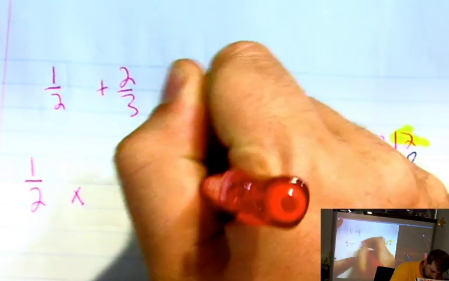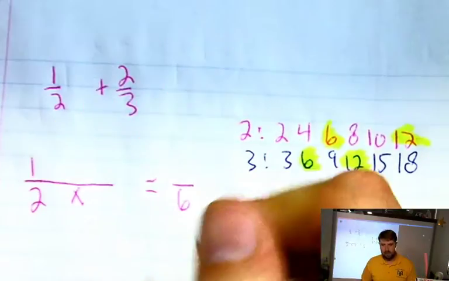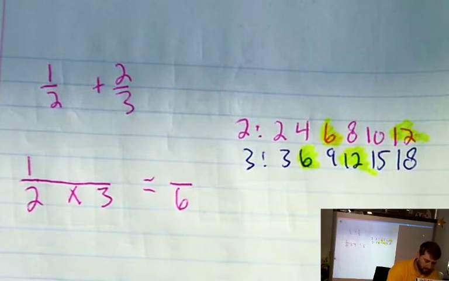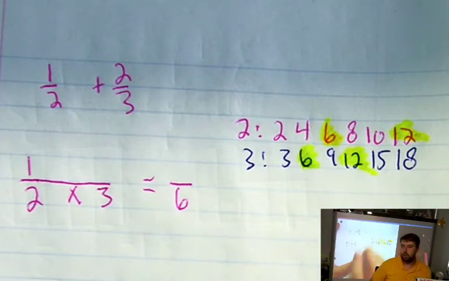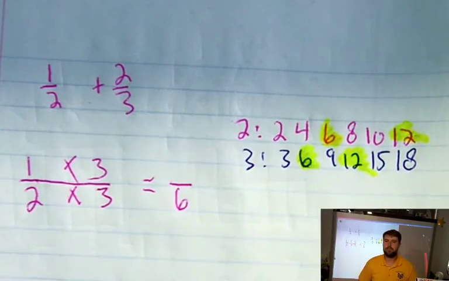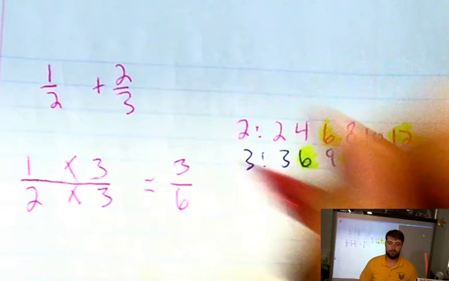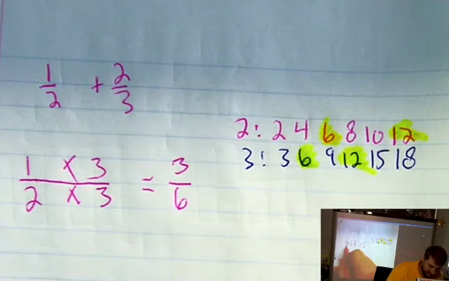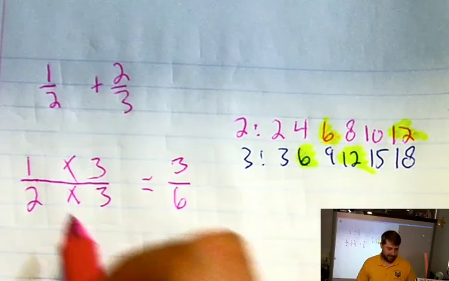Well, I know that 2 times 3 equals 6. And if we do something to our bottom number, we're also going to have to do it to our top number. So 1 times 3 is 3. So 1/2 is equivalent, or equal, to 3/6.